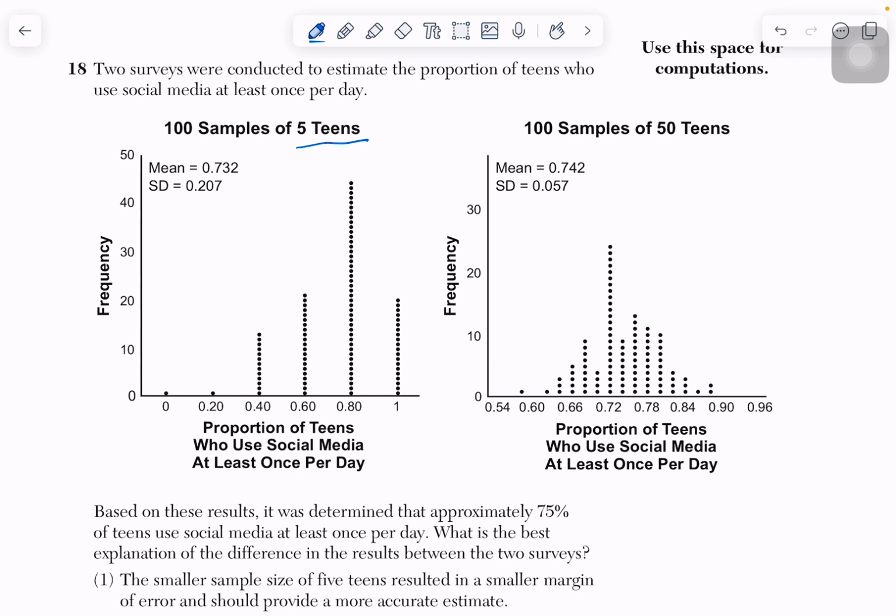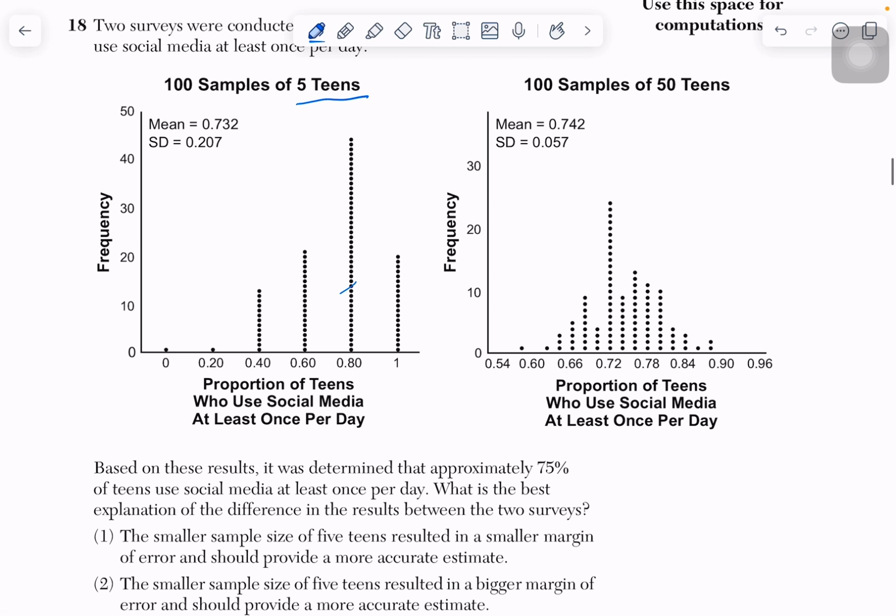And this is the mean. 73% of the students determined 75% of teens use social media at least once per day, right? But you can see there's more people here that used 0.8, right? This one is definitely closer to the mean, and the standard deviation is closer from here to here.